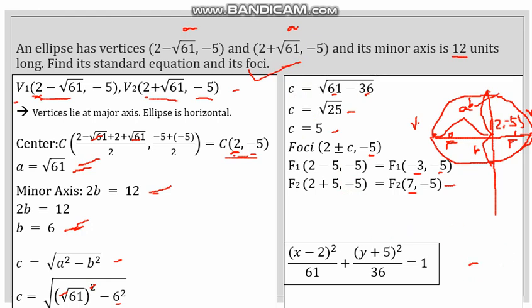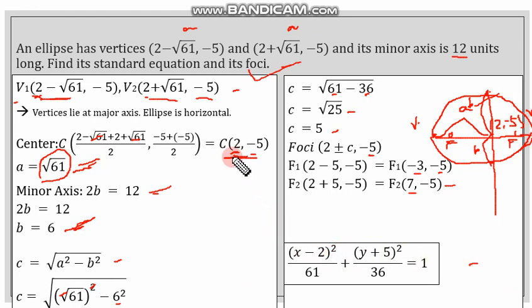Now for our standard equation, since our ellipse is horizontal, the value of a squared is the denominator of the x part. So we will use (x minus h) squared over a squared plus (y minus k) squared over b squared equal to 1. Since we have the center, the value of a and the value of b, we can get the standard equation of our ellipse.